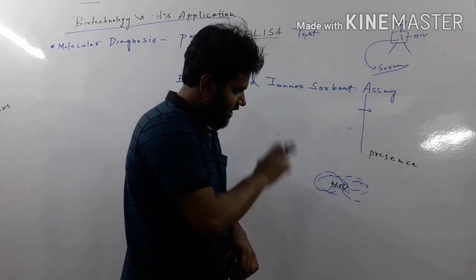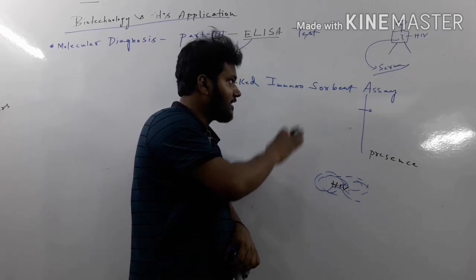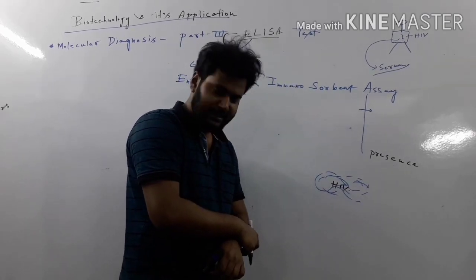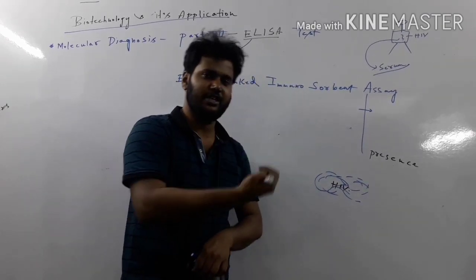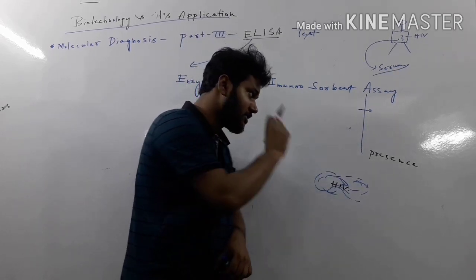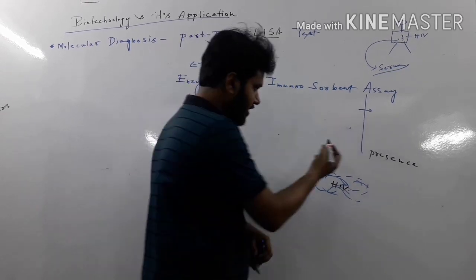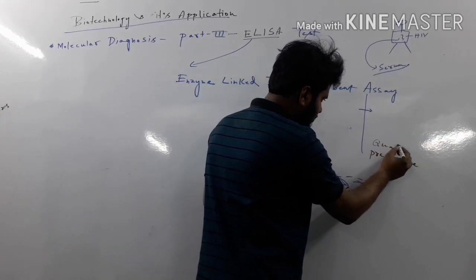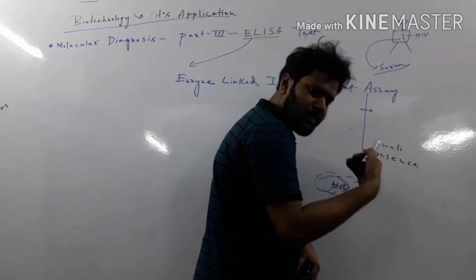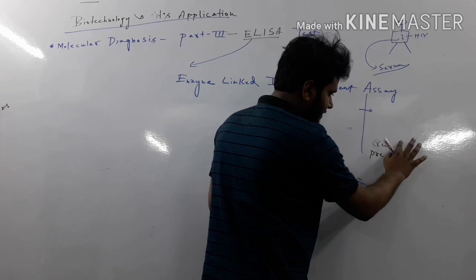Okay. So if it is confirmed that HIV antigen is present in that serum, then the assay technique will also give us qualitative and quantitative information about that particular antigen. It will also tell us in how much concentration that particular antigen is present there.